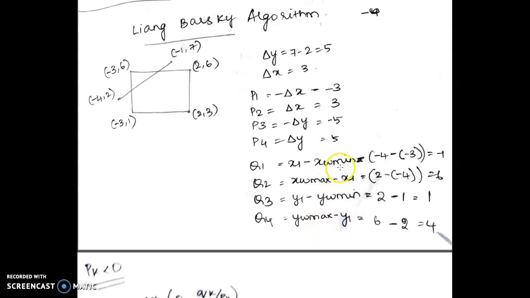So here xw minimum is minus 3, xw maximum is 2, yw minimum is 1 and yw maximum is 6. After finding p1 to p4 and q1 to q4, the algorithm proceeds like this.